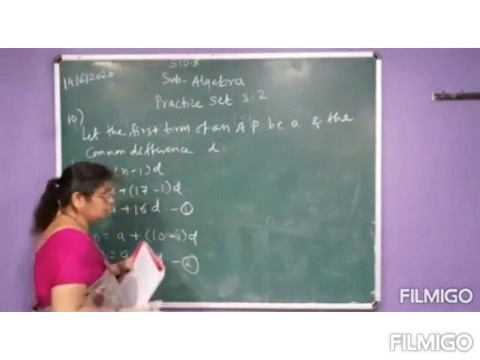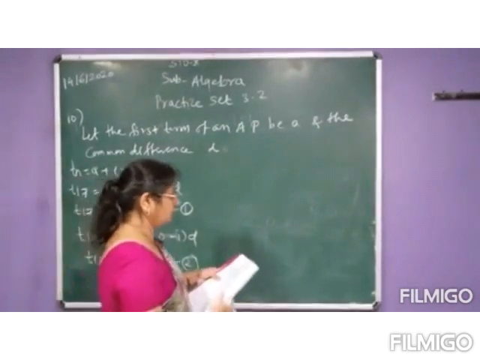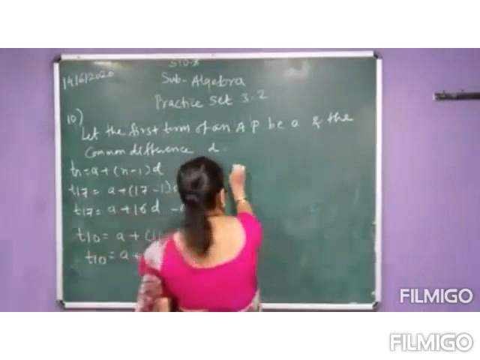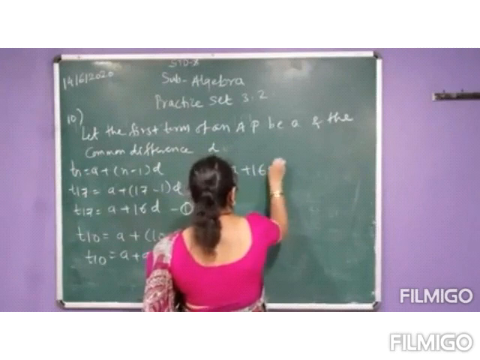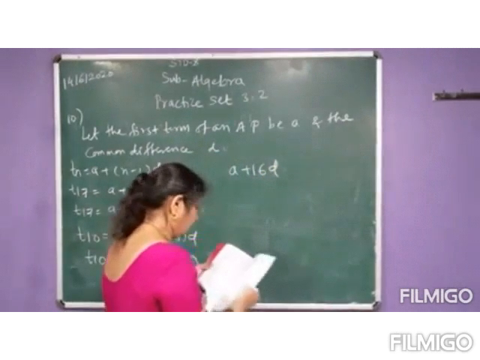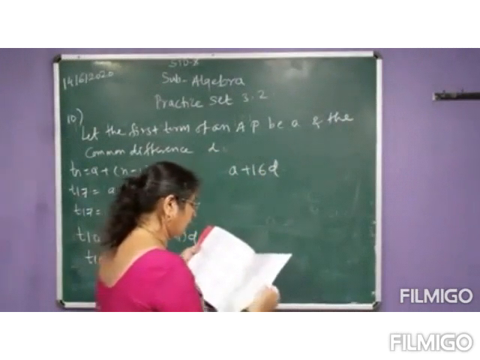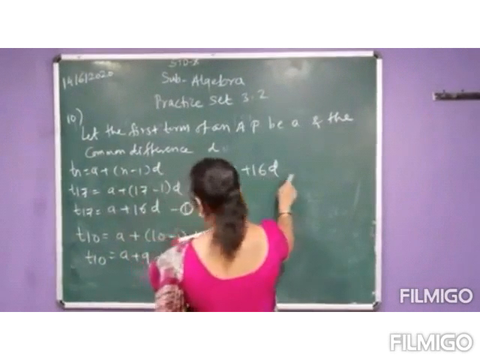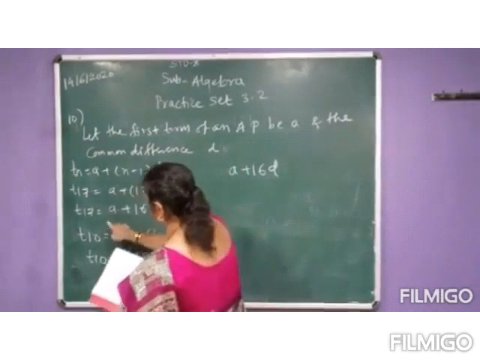What is given in the question? From the given condition and from equations 1 and 2, what you can write? What is given in the question is the 17th term of an AP is 7 more than the 10th term. So A plus 16D, this is the 17th term.